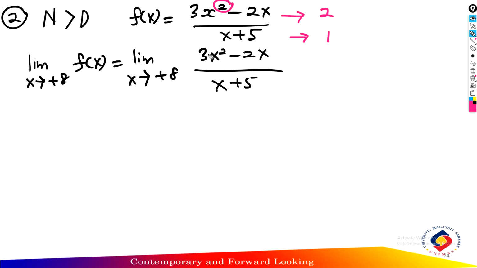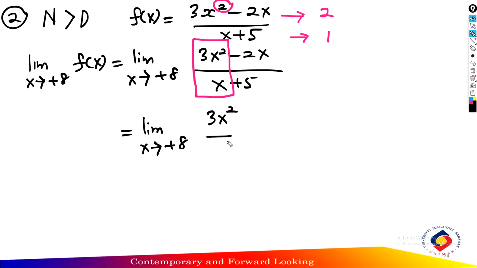So you compare the leading coefficients. So here, write down the limit as x approaches positive infinity of 3x squared over x.